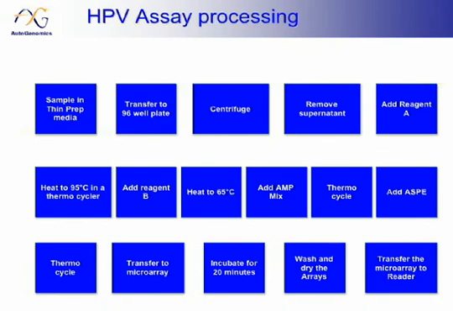It's transferred into a 96-well plate, and then into a centrifuge to get the cells pelletized. The supernatant is removed, and then a series of steps take place in order to lyse the cells, amplify them, and be ready to do the test. Okay, so this is the whole process which takes place in any instrument which you see, or even the ones which you don't see at this booth.